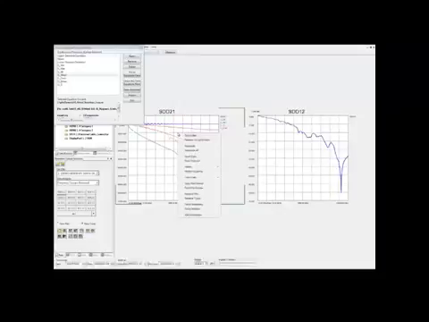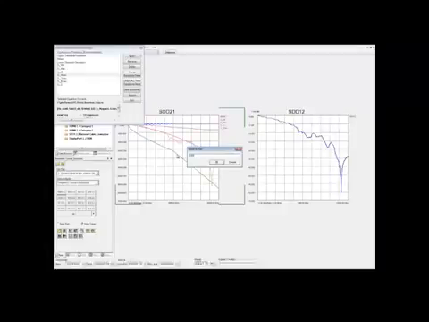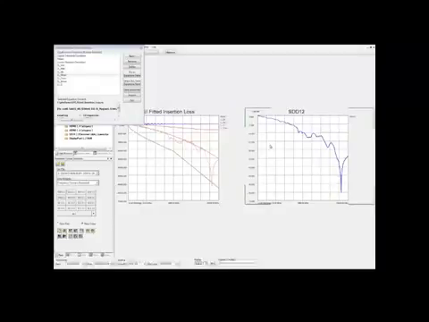So now we can go in here and rename the plot. We can call this CEI fitted insertion loss. Now we go to the other plot and apply the other equations for insertion loss deviation.